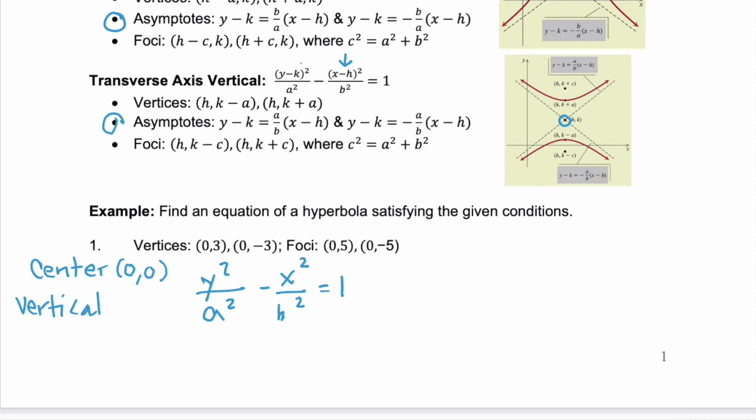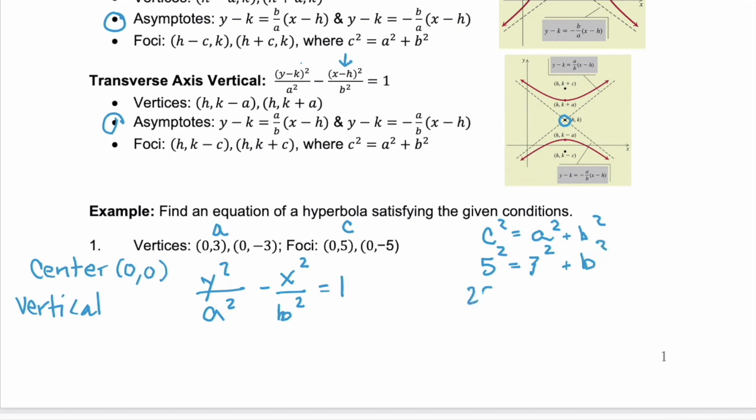Okay, now we need to figure out what a and b are. So we need to remember that the vertices tell us the value of a, and the foci tell us the value of c. And remember the relationship, c squared equals a squared plus b squared. So we know c is 5, so 5 squared equals, we know a is 3. So now we can solve for b.